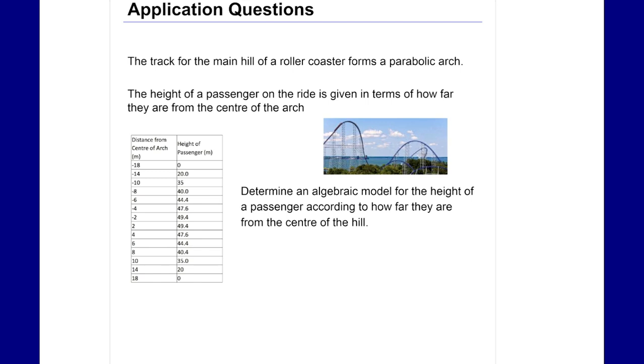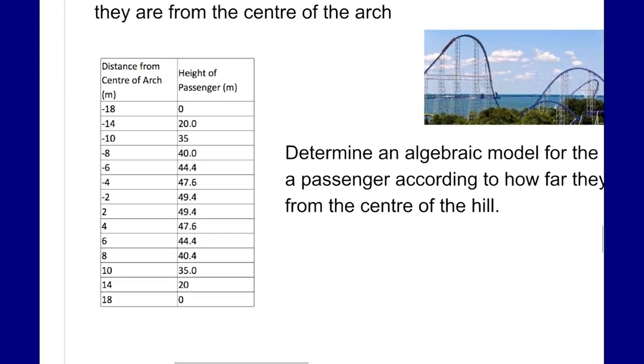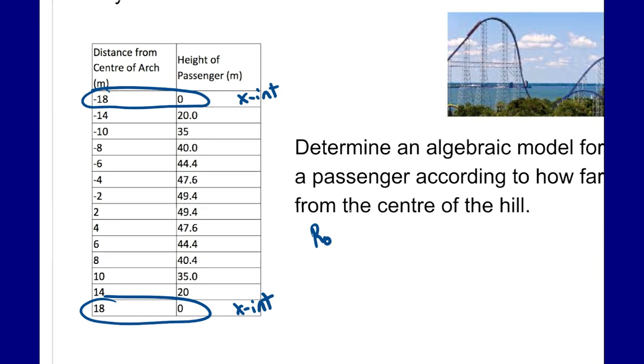So in this case, these two values here, let me zoom in to make it a little bit easier, these are our x-intercepts. So we have two x-intercepts. If we know our x-intercepts, we probably should be using our root form or our factored form.